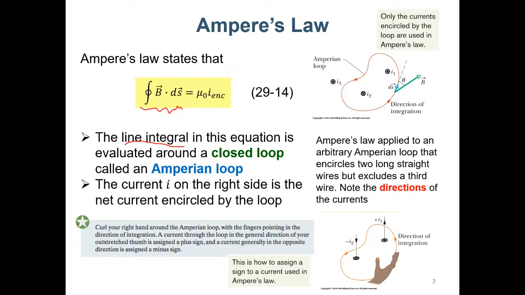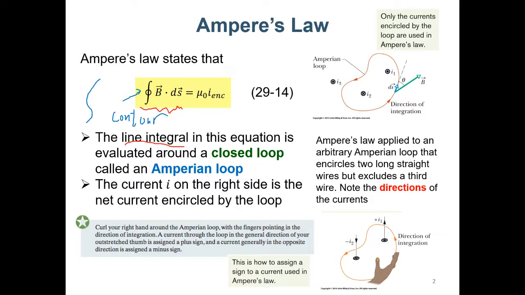So we come back to here. For a line integral, of course, you can calculate it along a line, but with this circle, it means it is a contour, which means it is a closed line, and we call it an Ampere loop.